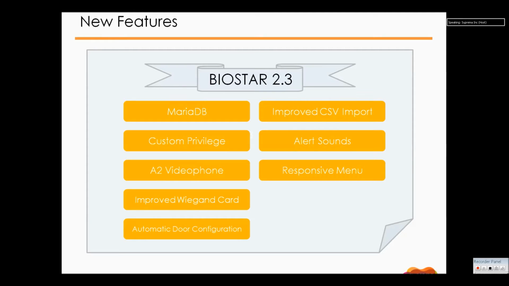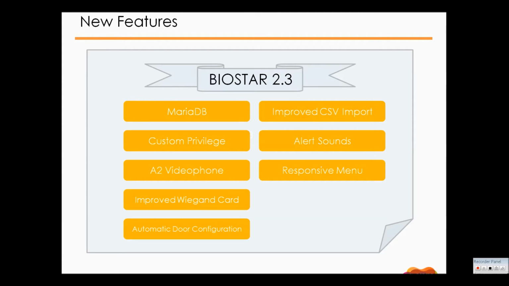Let me first go over the topics I will cover in the new features section. First of all, databases in BioStar 2 will now be a MariaDB. Custom privileges can now be provided for BioStar 2 operator users. In the new version, Videophone can be used with BioStation A2 if you have an SIP-based VoIP server.